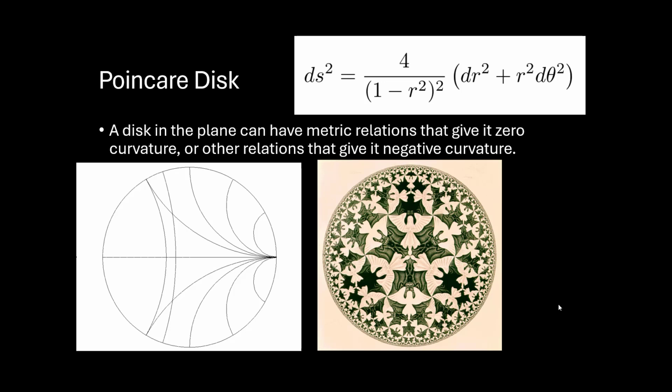Also, straightest possible paths under this metric are arcs of circles that intersect that boundary circle at a right angle, or straight line segments that go through the center and to the edge. A famous rendition of this so-called Poincaré disk was drawn by M.C. Escher with his famous angels and demons.